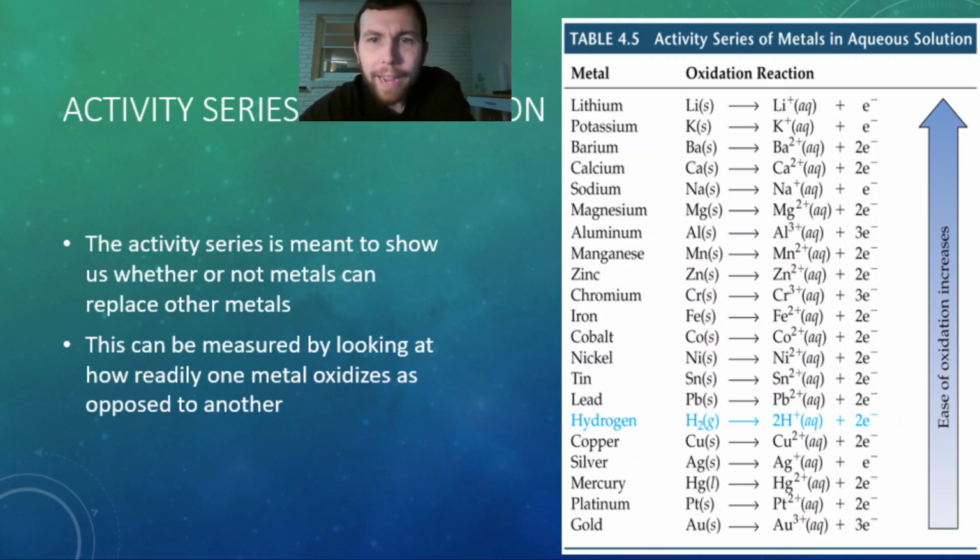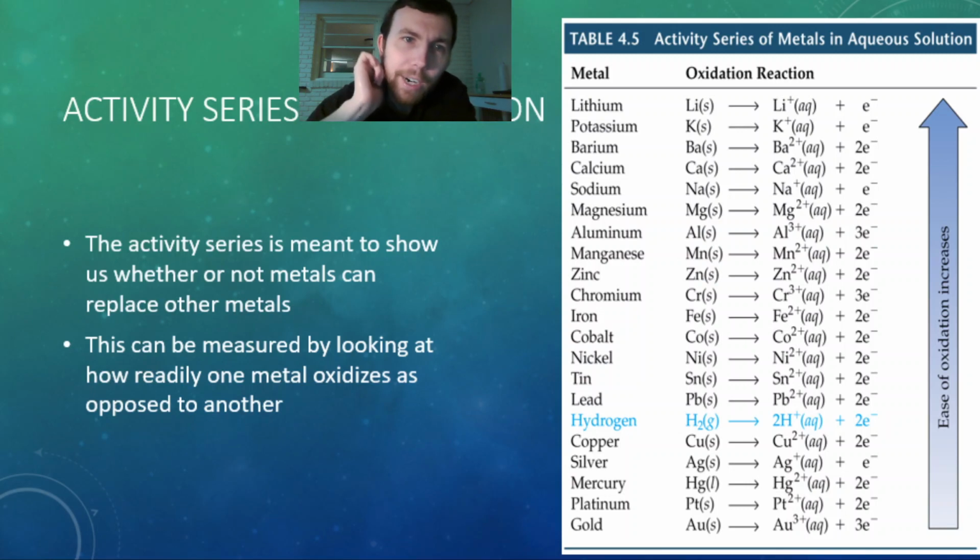And the activity series is just meant to show you whether or not metals can replace other metals, right? And ultimately, when we think about this in terms of oxidation and reduction, the activity series actually shows us how readily one metal can be oxidized as opposed to another. And so if you're looking at the diagram, it's telling you that as we move up, it is much easier for lithium, for example, to lose an electron as opposed to something like gold down here that's having to lose those 3 electrons.